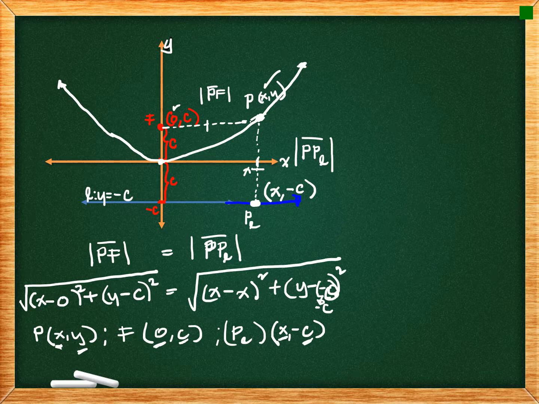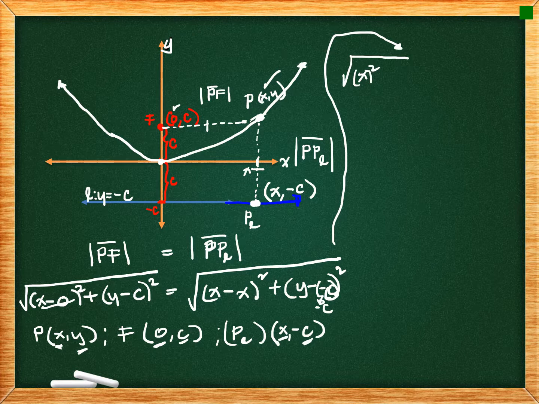Okay, so let's continue. If we simplify that, let's move it here, this part. So we have x minus 0, which is just x, squared, plus the quantity y minus c squared, under the square root, equal to the square root of this one, which becomes 0. x minus x becomes 0 squared, so we won't write that anymore.